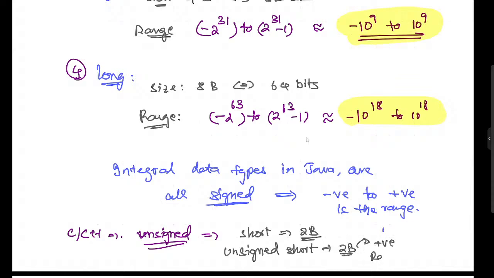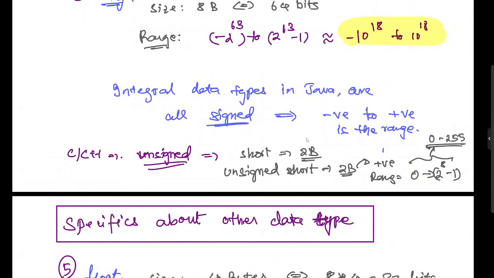That means the range will be 0 to 2 power 16 minus 1. So the formula for unsigned data type is 0 to 2 power n minus 1, where n is the number of bits assigned to that data. So this is the formula.